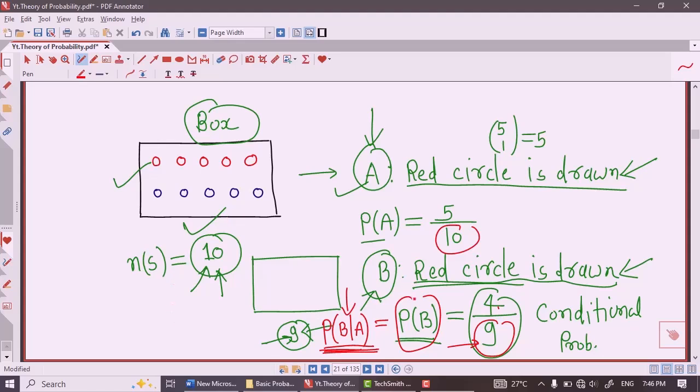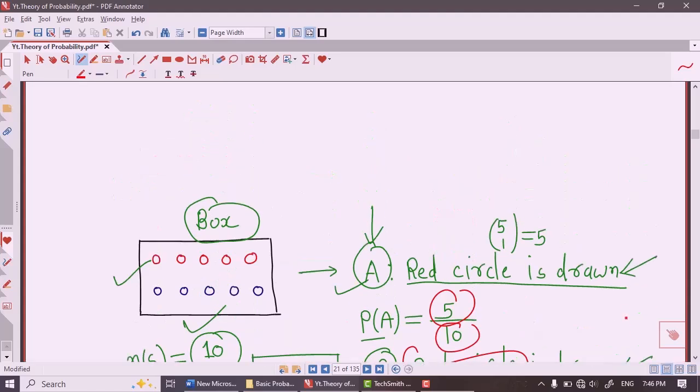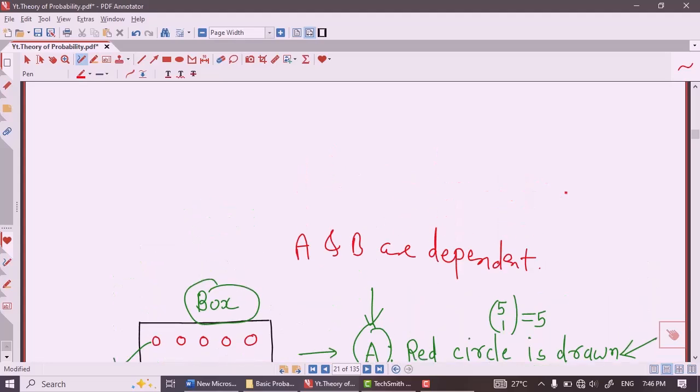Similarly, for red circles the outcomes are reduced from 5 to 4. Therefore, this type of probability is known as conditional probability, and this type of events are known as dependent events. Here A and B are dependent because the occurrence of event B depends on the occurrence of event A.